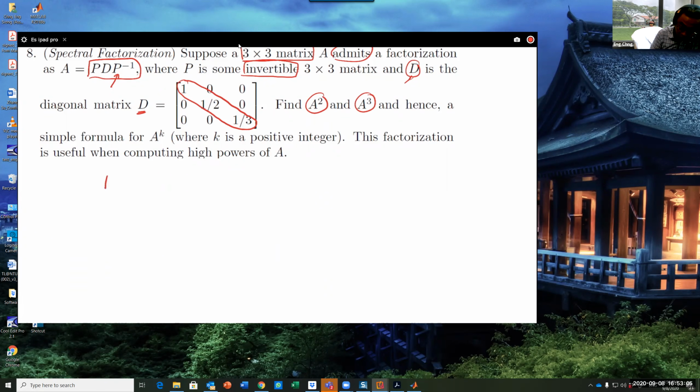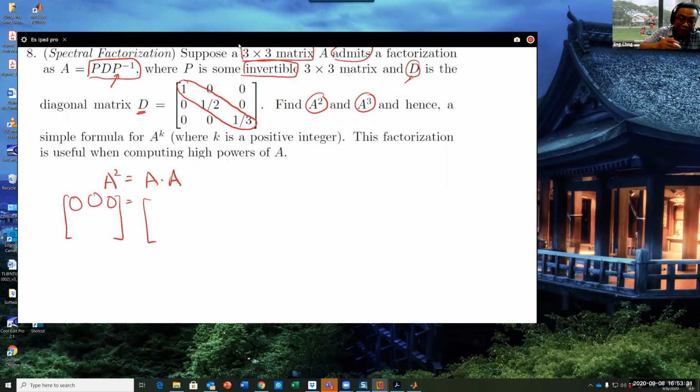Because the most basic way is that you would have done it as A multiplied by A, and that is actually a very expensive operation, because every element of A squared is a row of 3 elements multiplied by another 3 elements.